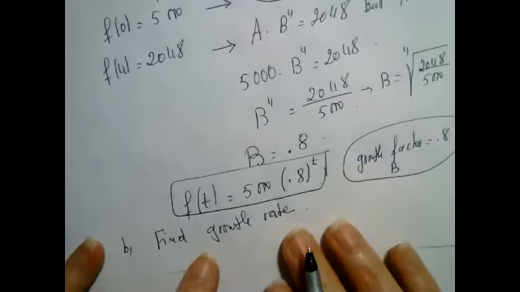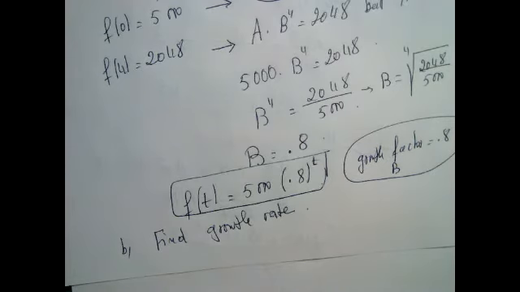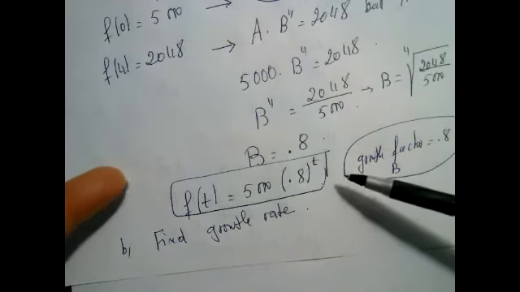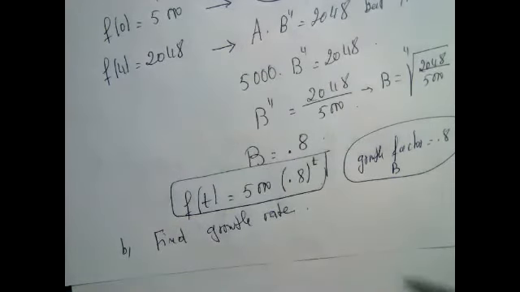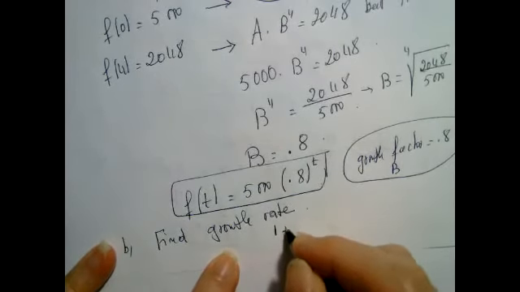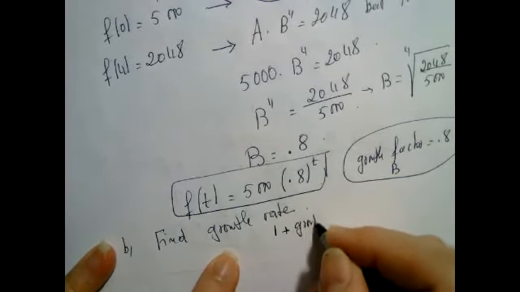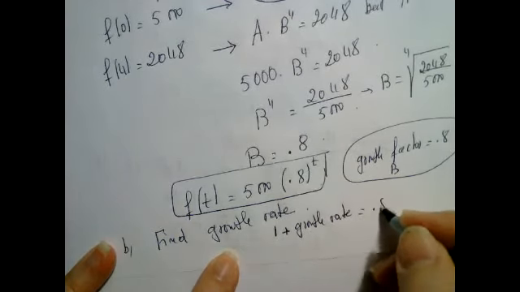By 20%. Absolutely correct. So it means that this is something that I didn't know before. Now that I found the formula, it's a population that's decreasing by 20% per year. So once I have a formula, I know what's really going on with the population. We know that 1 plus the growth rate is 0.8.